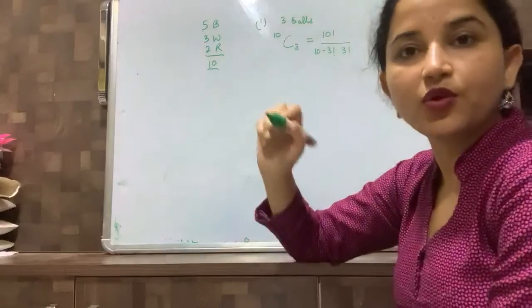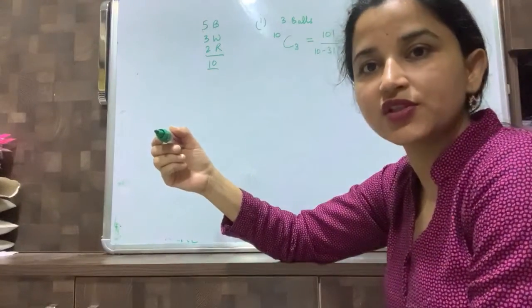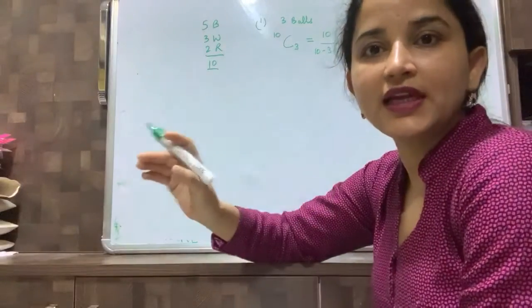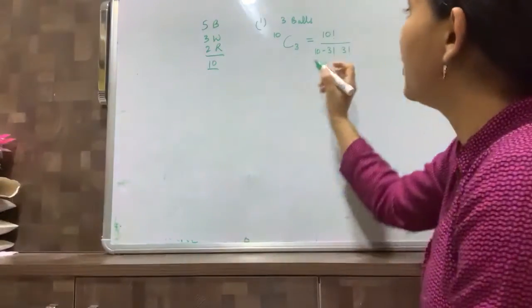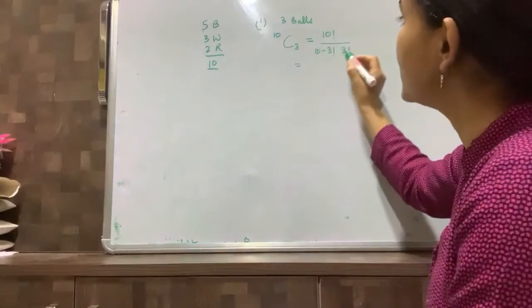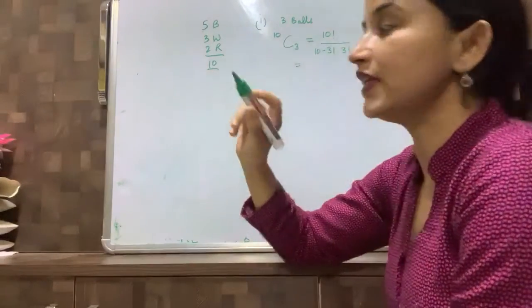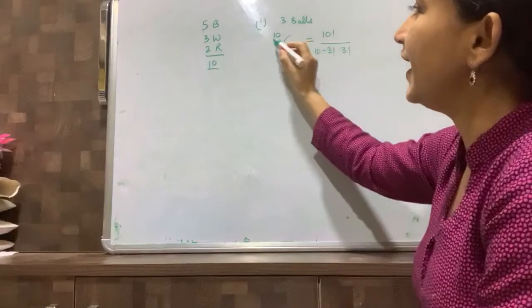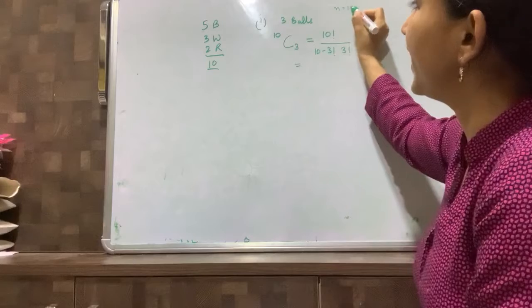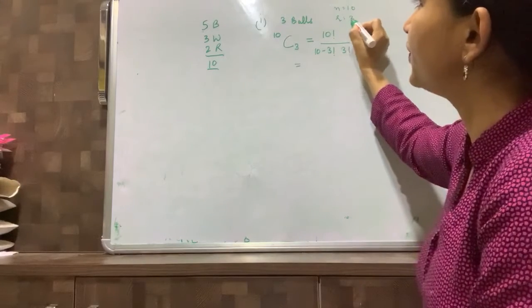So now we have understood what combinations are, and in order to solve this we don't need to open the entire formula in one go. We have simplified calculations because here R is 3, in NCR, N is equal to 10 and R is equal to 3, right?